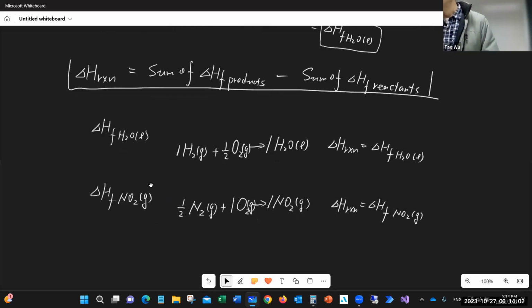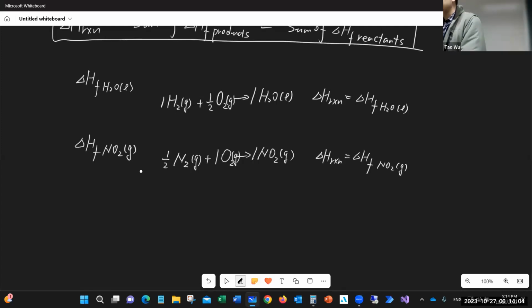So in general, if you're looking at here, the enthalpy of formation equation is always forming 1 mole of the compound. So therefore, the enthalpy of the reaction will be the enthalpy of formation of the compound.